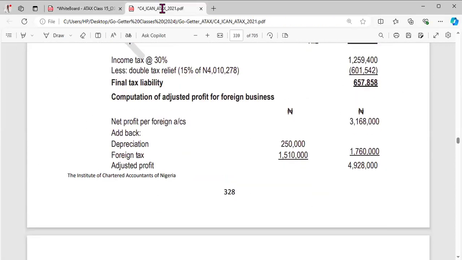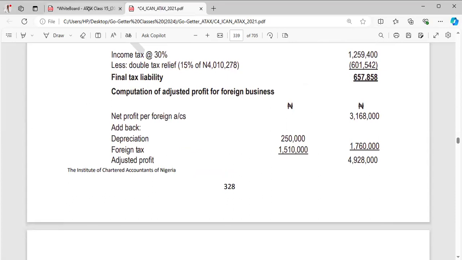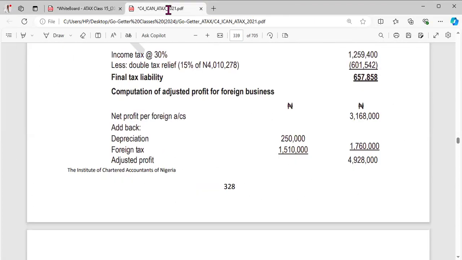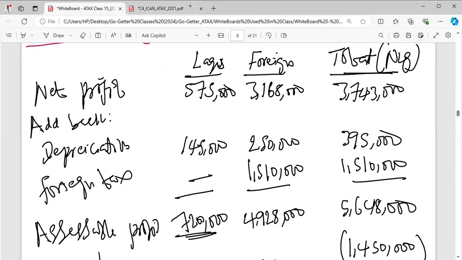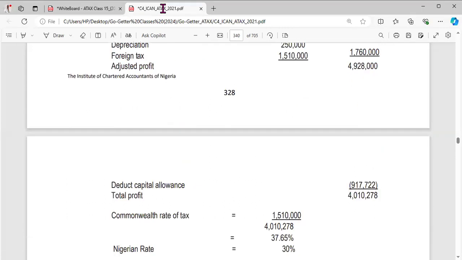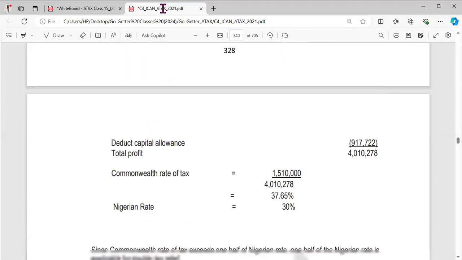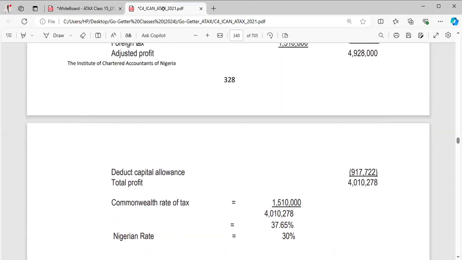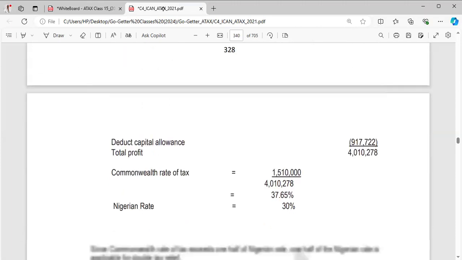Look at the foreign business. We had this. What are the add backs? 250 and the foreign tax. Yes, we have 42928, which is the same thing here. Okay, capital allowance. Oh, the difference is the proration. How did they prorate it?